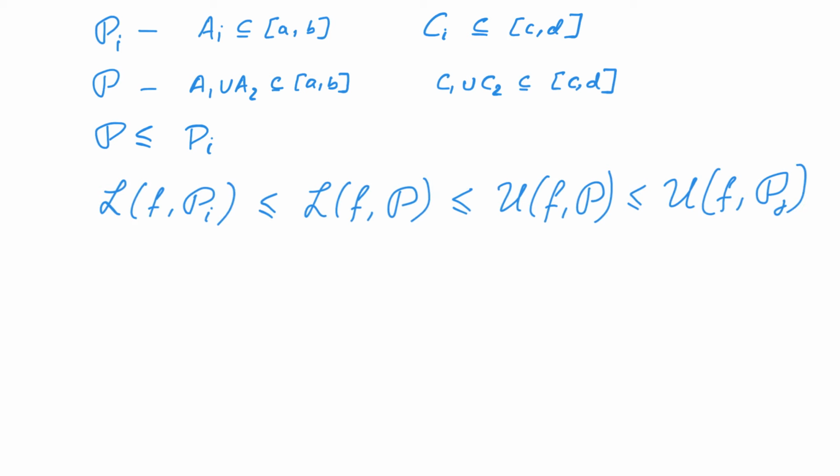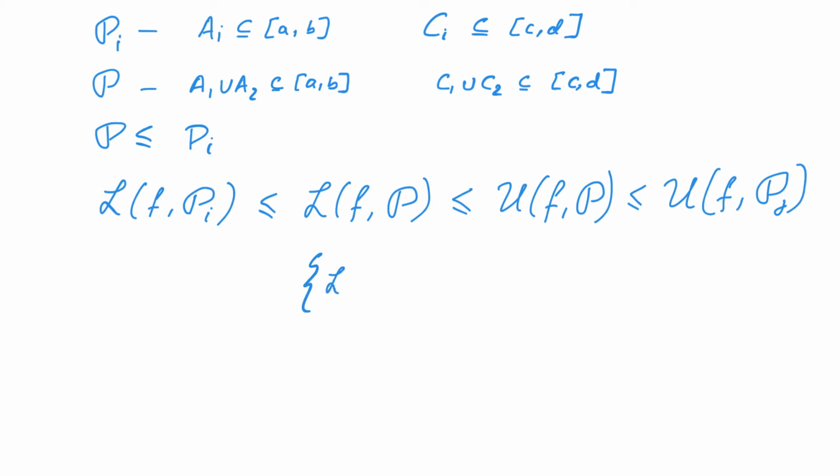Therefore, U of f comma P is less than or equal to U of f comma Pj. Thus, we have shown that the lower sum with respect to any partition is less than or equal to the upper sum with respect to any other partition. So it doesn't matter on the partition. Given any two partitions, the lower sum with respect to one partition is less than or equal to the upper sum with respect to the other partition.